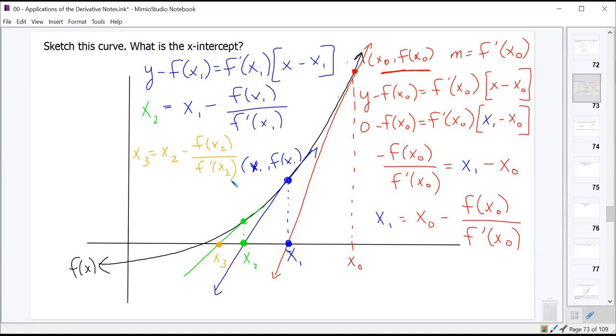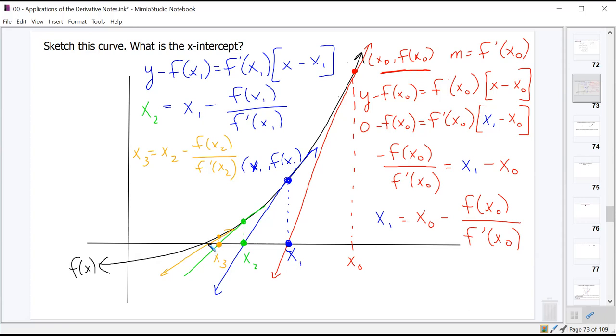It's getting closer. And I think now it's pretty obvious to see that if we wanted to, we could just repeat this process as many times as we felt like repeating this process until we got as close to the true value of the x-intercept for f of x that we might want to find. I could go up here, find this point, find a tangent line there, and see that, oh, we're getting just a little bit closer.